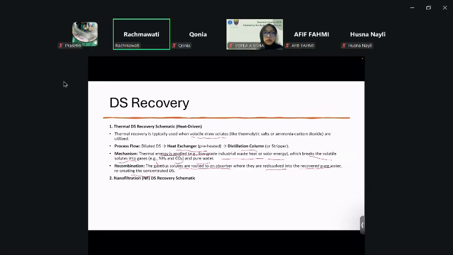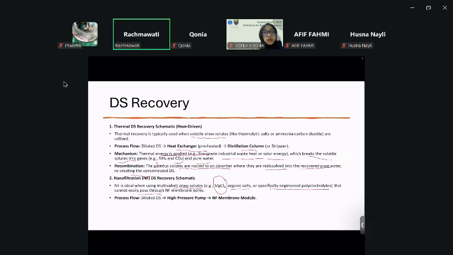There is also the second one, which is the nanofiltration draw solution recovery schematic, and it is using multivalent draw solutes such as magnesium chloride or organic salt or specifically engineered polyelectrolytes that cannot easily pass through the nanofiltration membrane pores.